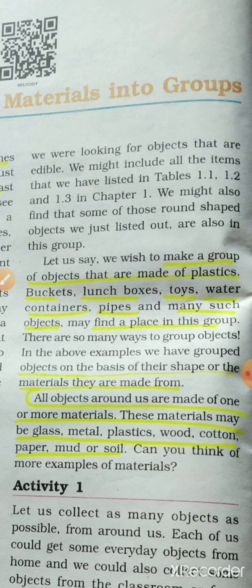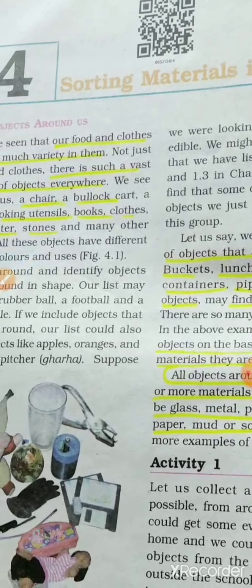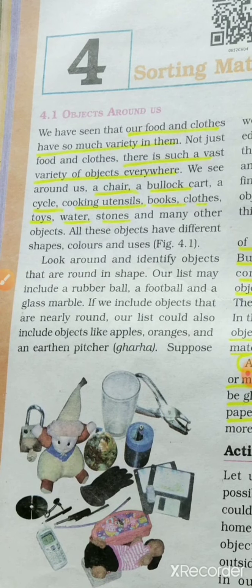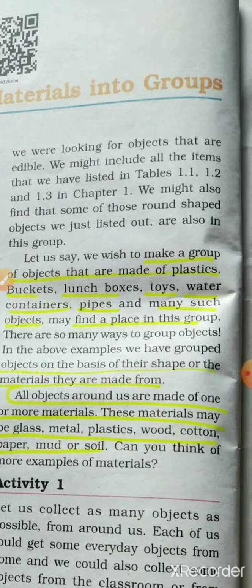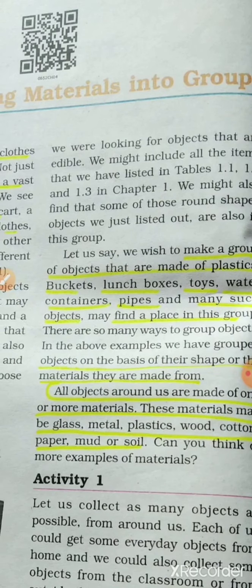Now, we are grouping these objects on the basis of their shape or the materials they are made from. Yes, children, in the second paragraph, we grouped them. We found the objects that were round in shape. And now, in the third paragraph, we are finding the objects that are made from plastic.